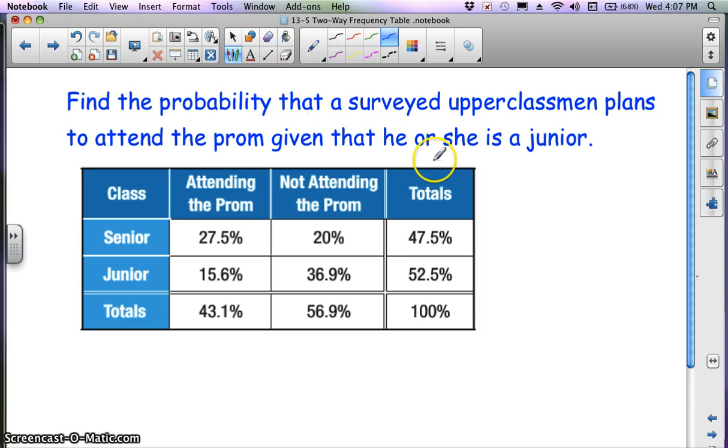So let's say we want to find the probability that a surveyed upperclassman plans to attend the prom given that he or she is a junior. So we want the probability that an upperclassman is attending. So we're going to look at attending prom.